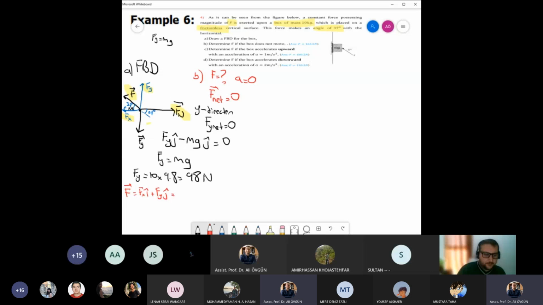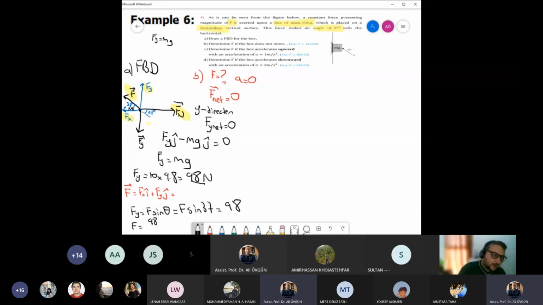It is very simple, because Fy equals F sine theta. Okay, you must use this relation, and F is unknown, F sine 37 is equal to 98, because here you know it. So from here you can find what is the F.